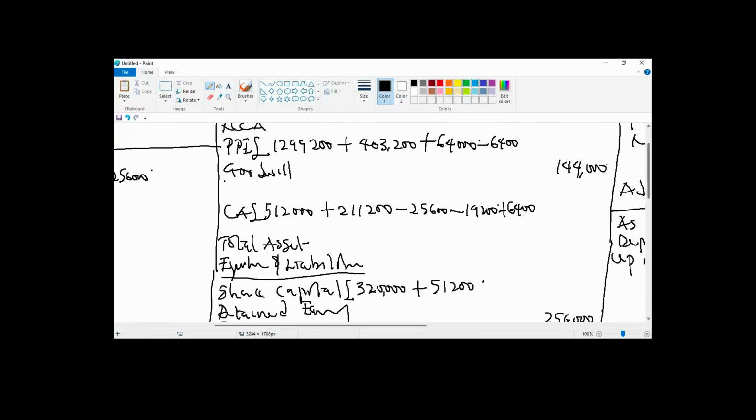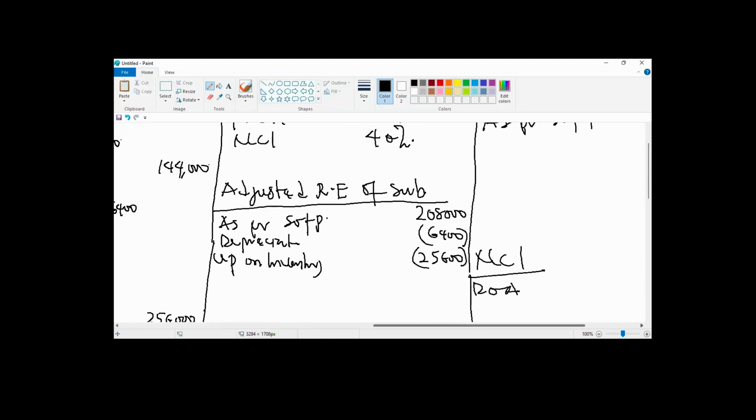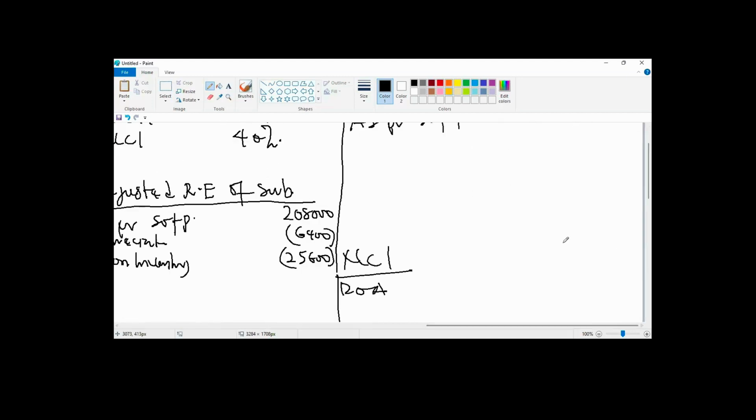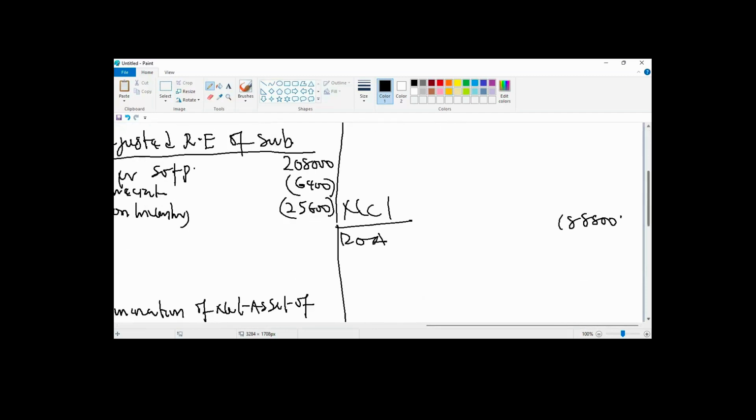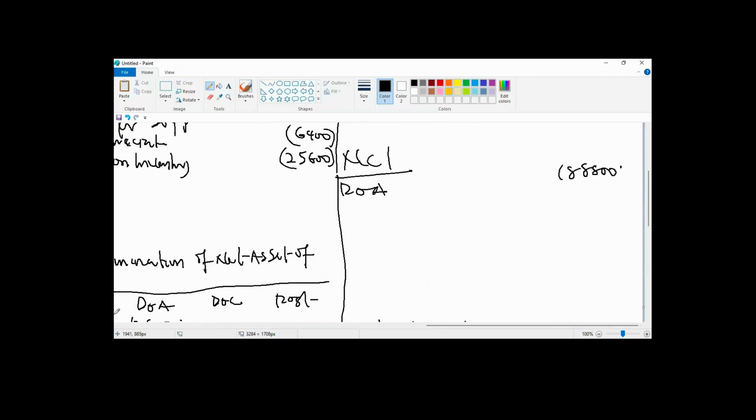The NCI at the date of acquisition is 188,800. I cannot consolidate the post-acquisition yet.